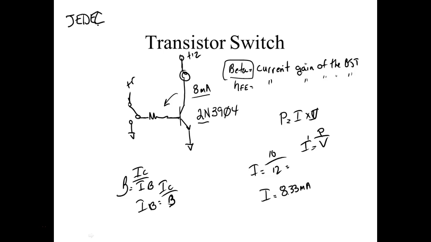But NEMA made these standards. Well, JEDEC has standardized packages. They've standardized packages. They've standardized part numbers. So that means I can put out a transistor that's got a 2N3904. As long as I meet the registered standards for that transistor, I can use the same part number.